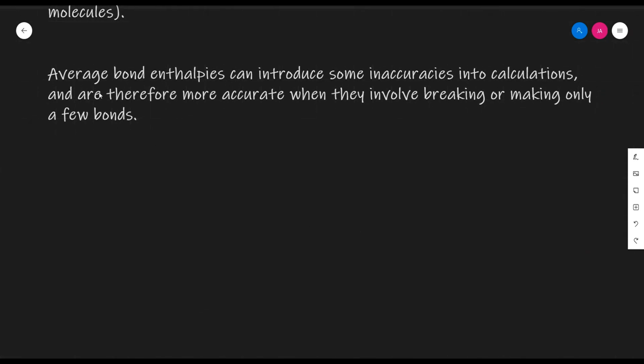Average bond enthalpies can introduce some inaccuracies into calculations, and are more accurate when they involve breaking or making only a few bonds. They would be somewhat accurate, but still always less accurate than enthalpy changes of reaction determined using enthalpy change of combustion and formation values, as we learned previously.